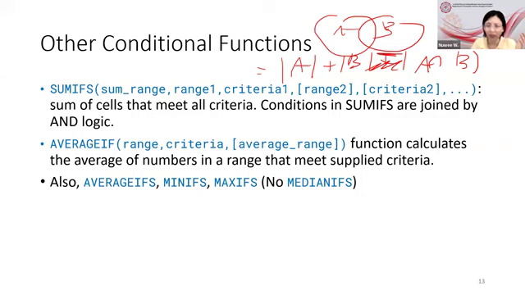So we have SUMIFS, AVERAGEIFS, but we don't have MEDIANIFS. I think it's too complicated to do the median IF, because with the median you need to sort, and once you sort, you need to sort by the condition. So it's very complicated.